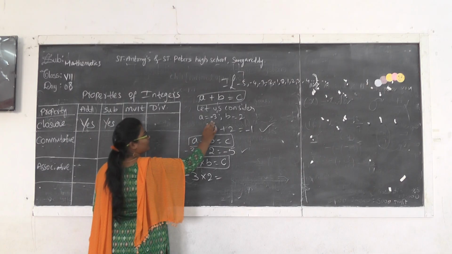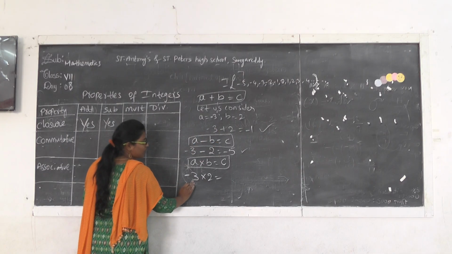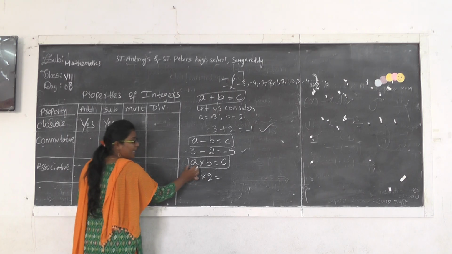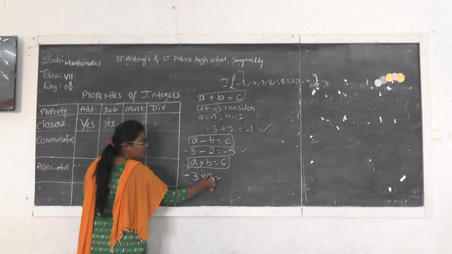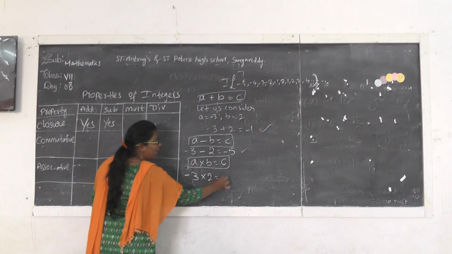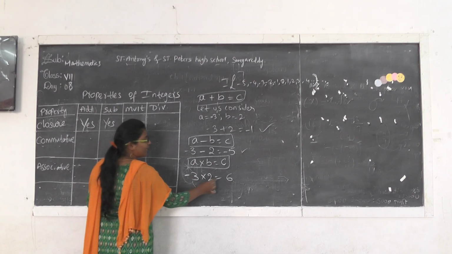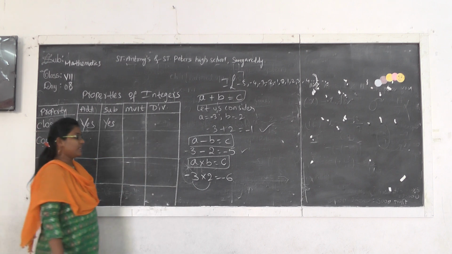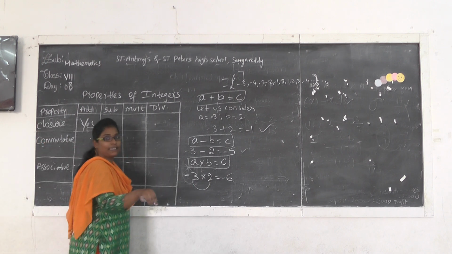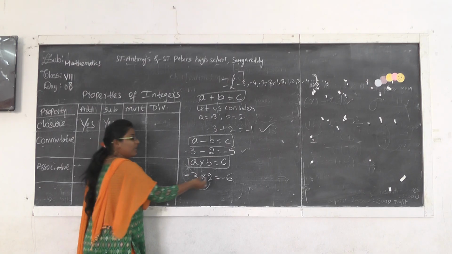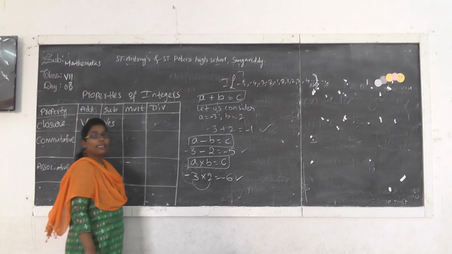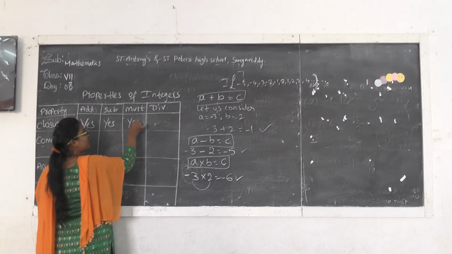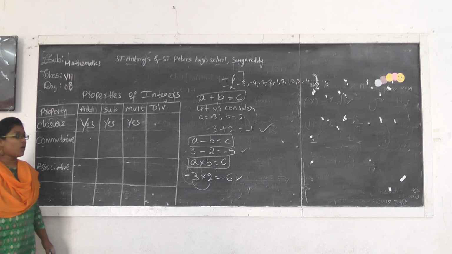Here we assume A equal to minus 3, B equal to 2, right? In the place of A write minus 3, in the place of B write 2. 3 twos are 6. One is positive, one is negative, so we keep it as a negative integer. So minus 3 is an integer, 2 is an integer, and minus 6 is also an integer. The result is also an integer. So closure property is satisfied under multiplication also.